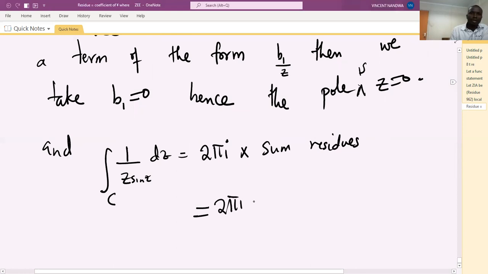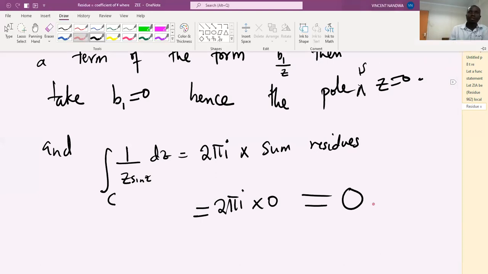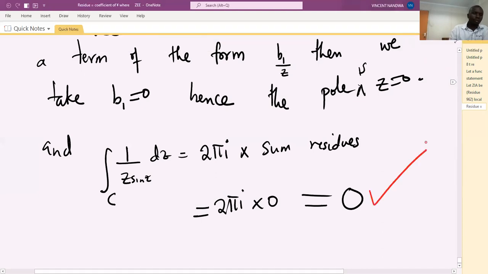So 2 pi i times 0. So that integral will give us 0. Therefore, the given problem has its value equivalent to 0. Thank you.